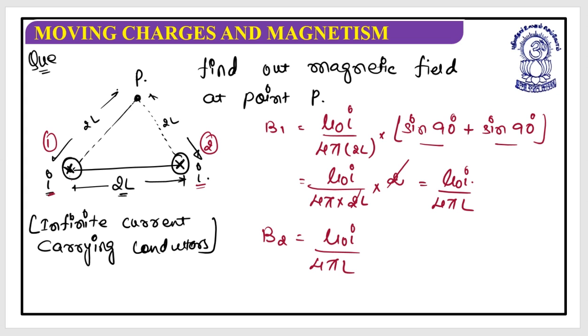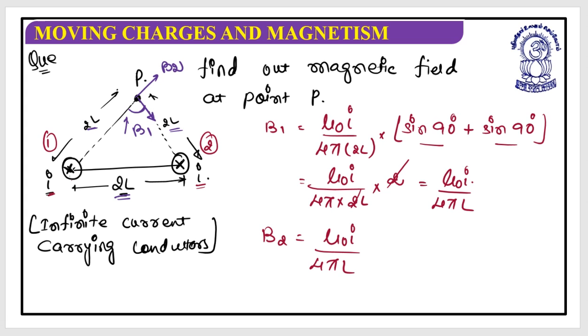Now stretch your right hand fingers towards the point P. Now where do you find your palm? It should be here, in this direction. Now do the same thing for the second segment as well. It should be in this direction. So this is B1, this is B2. As you can see, this is 2L, this is 2L, this is 2L.